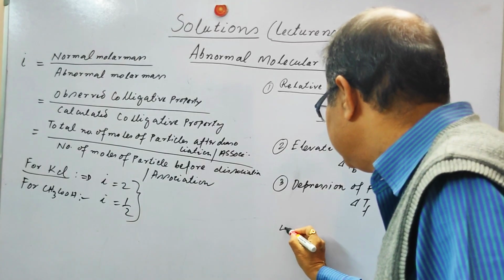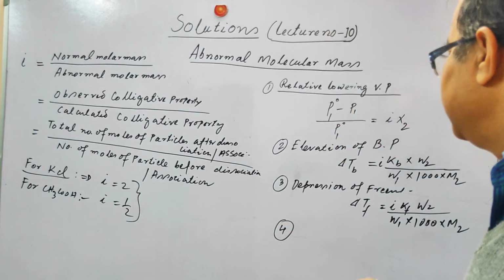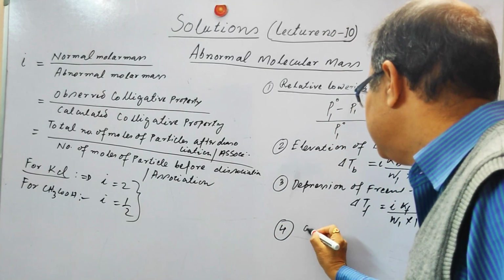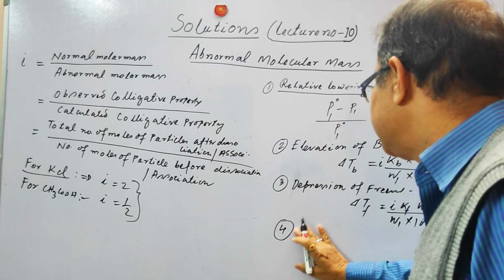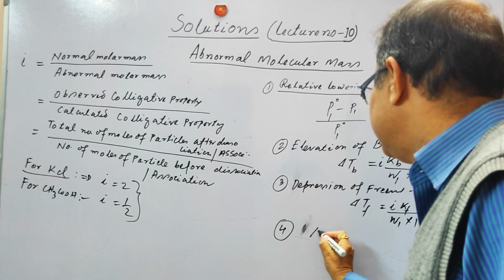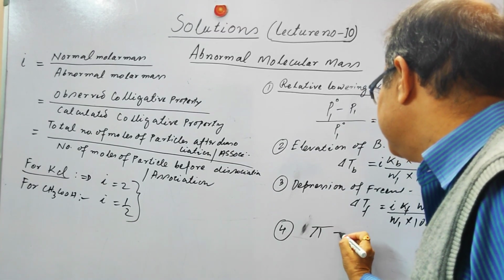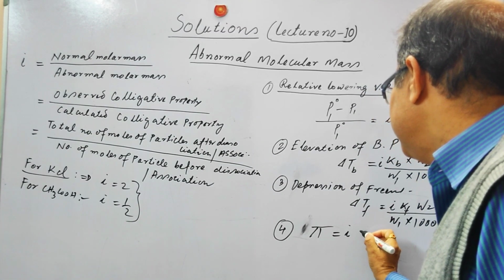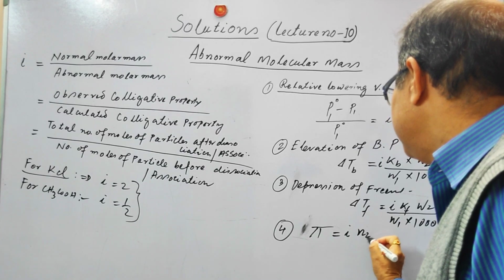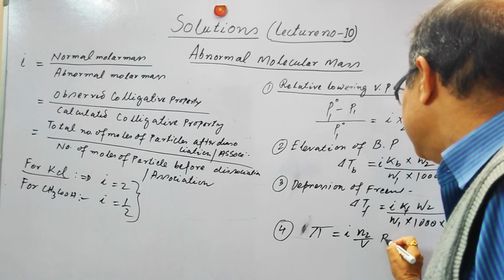And fourth, the osmotic pressure. In case of osmotic pressure, we know that pi is equal to i into n2 by V into RT.